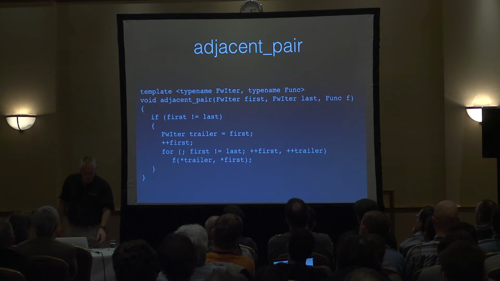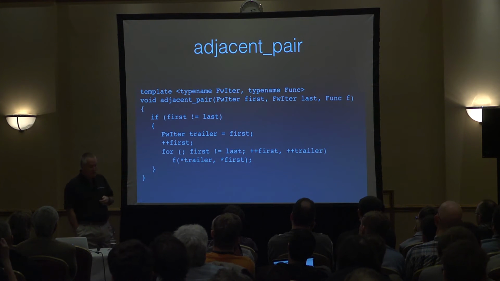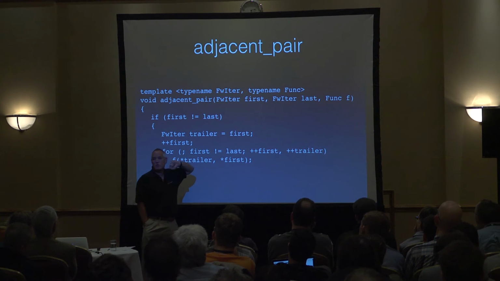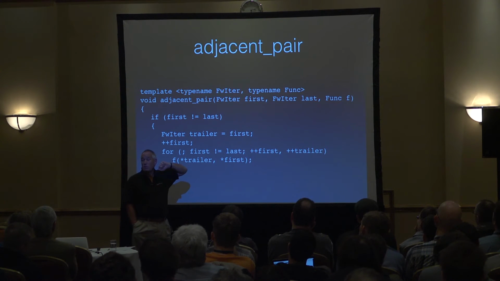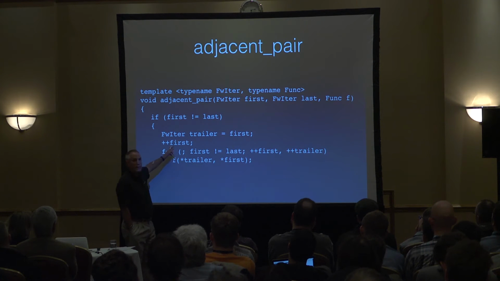I have to admit, I did a little bit of sleight of hand here. There's a little change from for each to adjacent pair. Adjacent pair requires forward iterators. For each will work with all kinds of iterators, including input iterators. And the reason for that is because we're making multiple passes over this sequence.